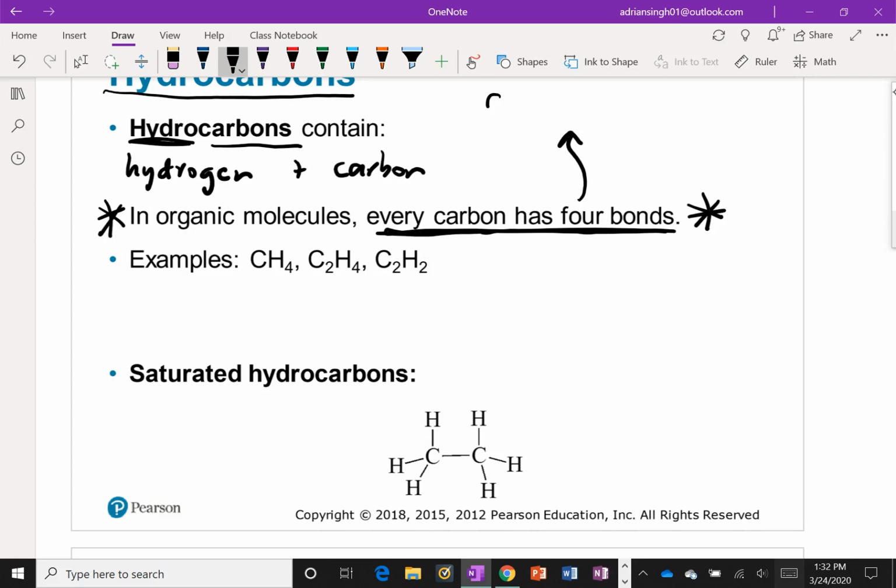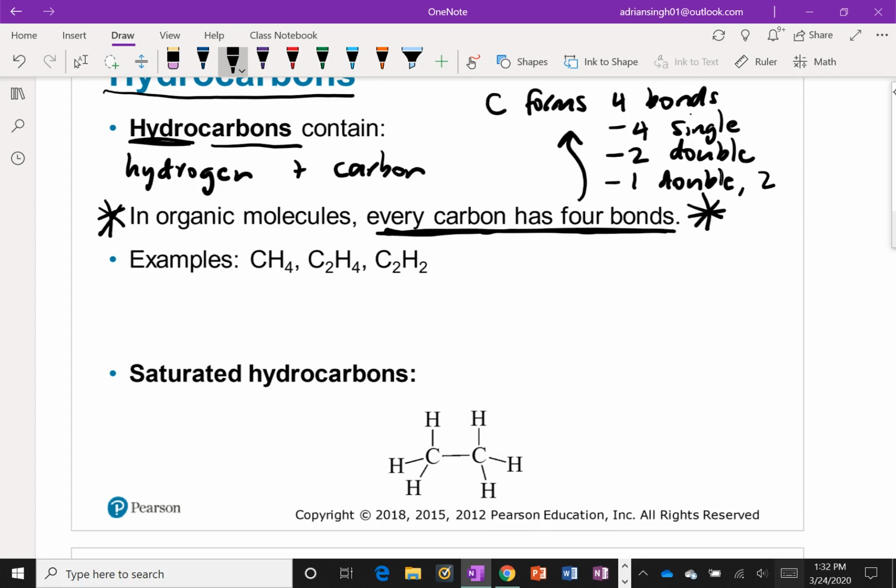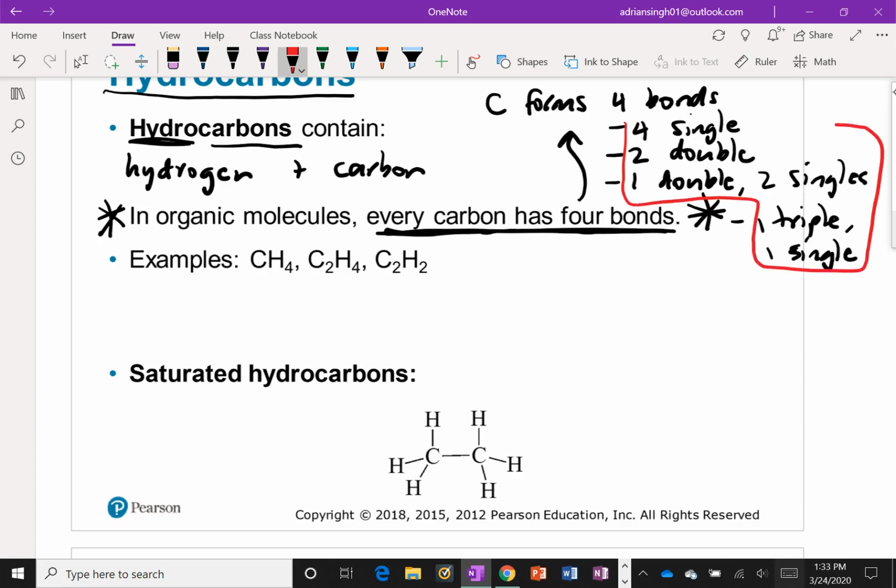These 4 bonds that carbon can form can be 4 single bonds, 2 double bonds, 1 double and 2 singles, or a triple and 1 single bond. Any combination of those would satisfy the fact that carbon likes to form 4 bonds.